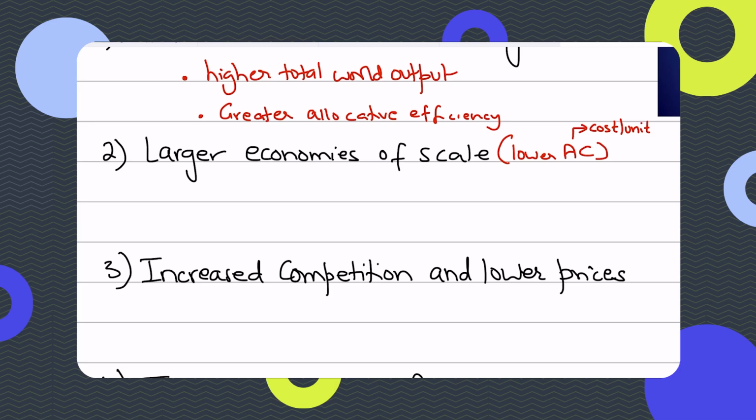So cost per unit falls because firms are scaling up their output as they are now targeting international markets, right? That results in a lower cost per unit, and that results in economies of scale, right? It is enough for you to know this much at this point: because they're scaling up their output, that results in a lower average cost, that is a lower cost per unit, and it results in a benefit known as economies of scale.